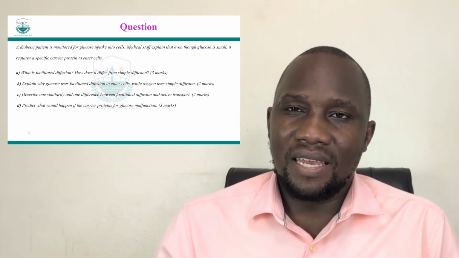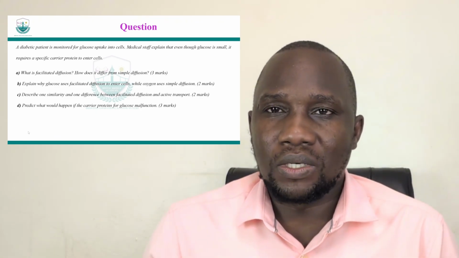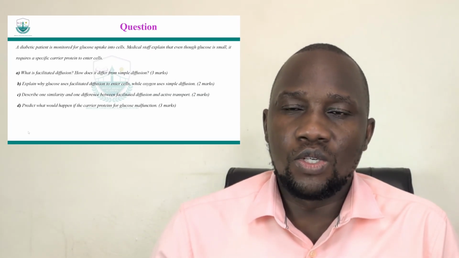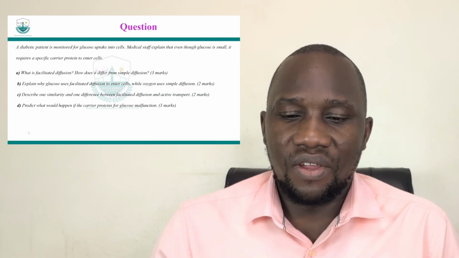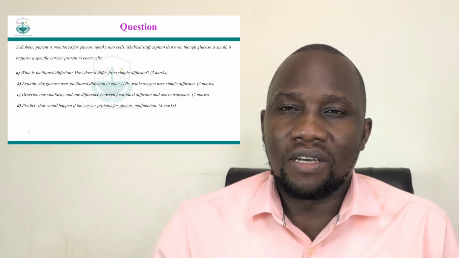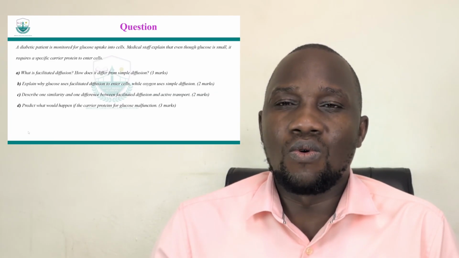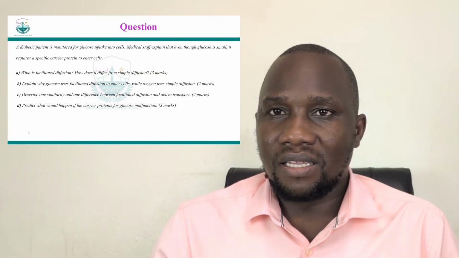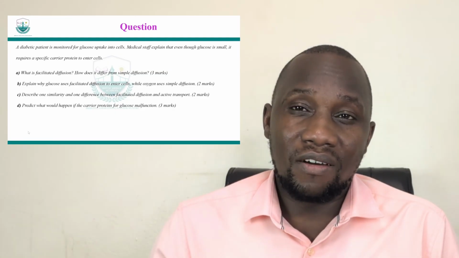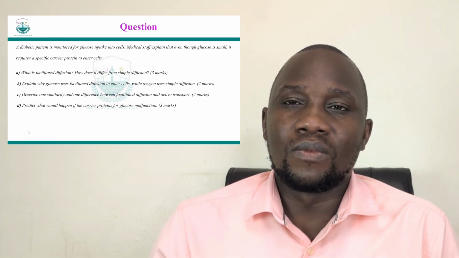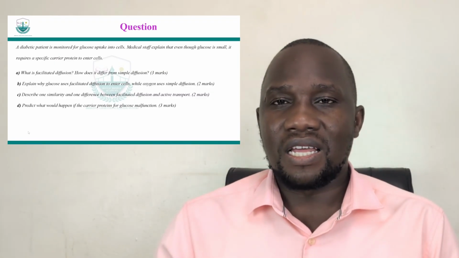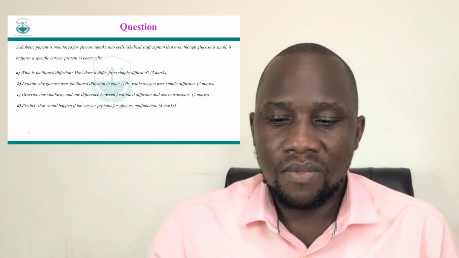Okay, and that therefore means that glucose is transported into cells through facilitated diffusion because of this carrier protein. We already said that you cannot have carrier proteins in simple diffusion, and therefore facilitated diffusion is actually much faster than simple diffusion.